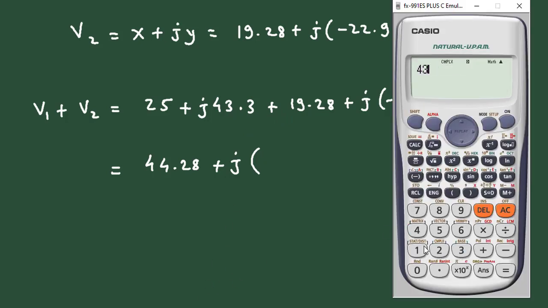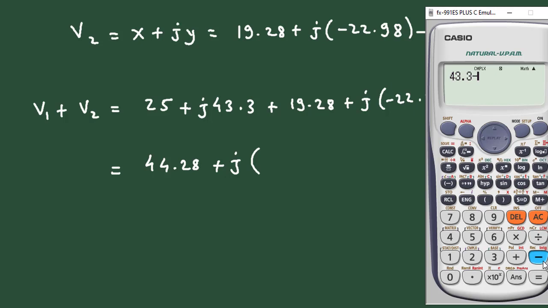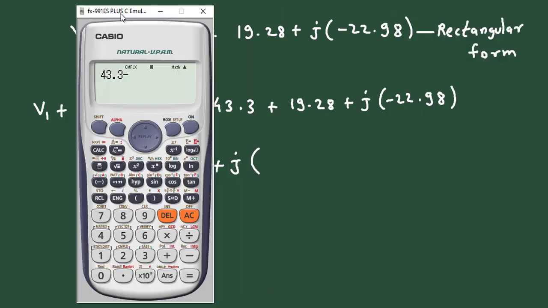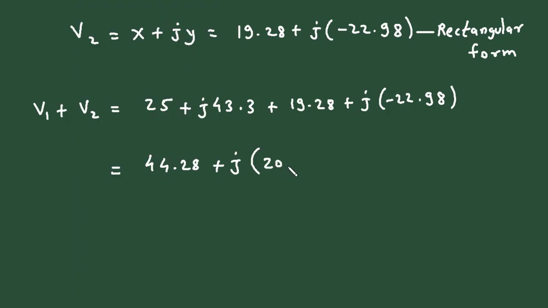Now we have to add the imaginary part. So 43.3 minus 22.98 is 20.32. So this is the value of V1 plus V2 in rectangular form. But we need this value in polar form.